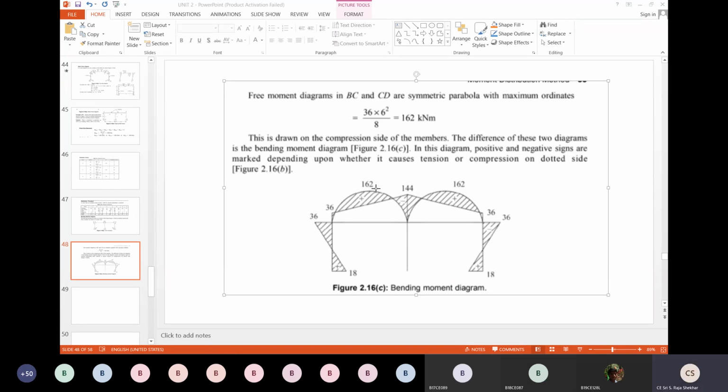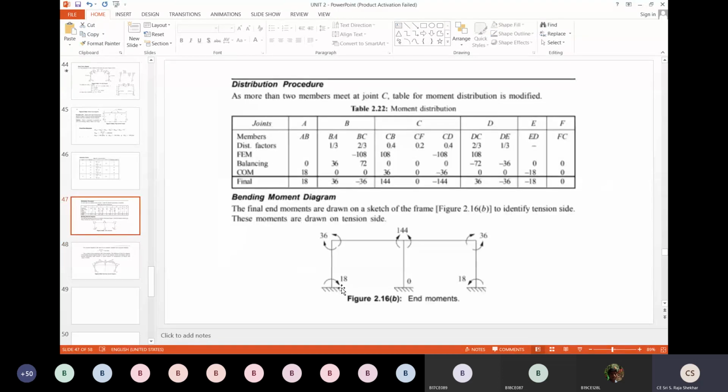These are the ordinates of the bending moments at the ends that you calculated here. This is positive 18. This is positive 36. This is negative 36. This is positive 144. This is negative 144. This is positive 36. This is negative 36. This is negative 18. Like that, we have drawn the ordinates of end moments.